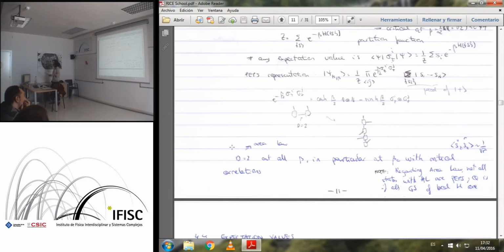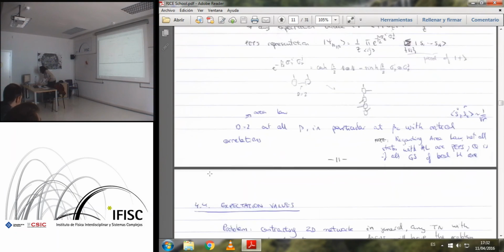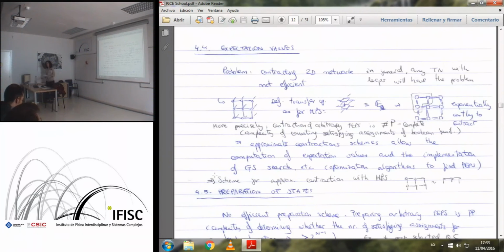Okay, so that's pretty different from the matrix product state properties. Another thing that is pretty different is the computation of expectation values. That's very relevant if you want to do anything in practice. As I said before, you really want to be able to compute expectation values of observables, maybe not all of them.